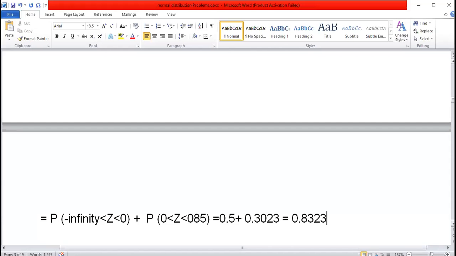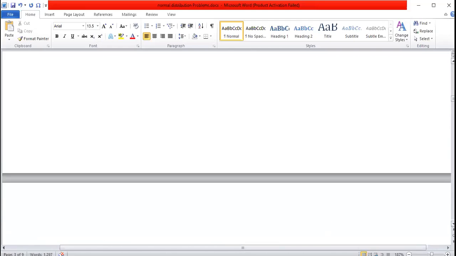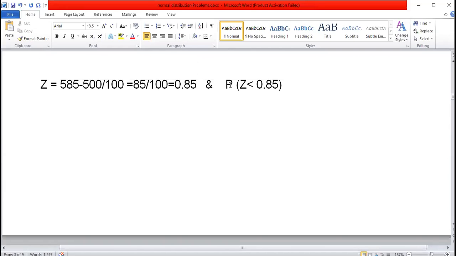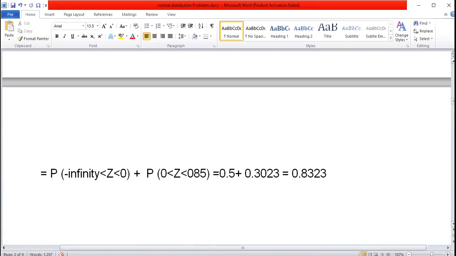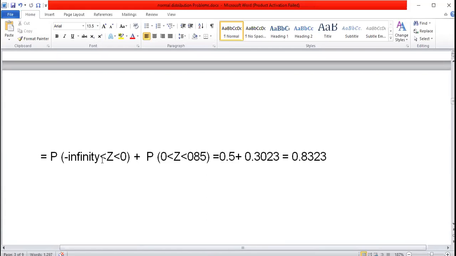So what I'm saying is, the probability that z is less than 0.85 is the probability that z is on the left side, from 0 to negative infinity, this area, plus the probability that z lies between 0 and 0.85.